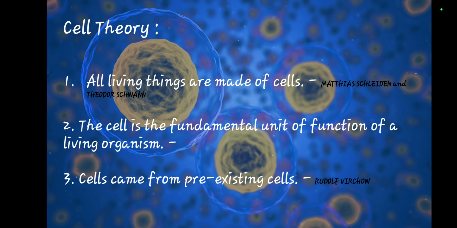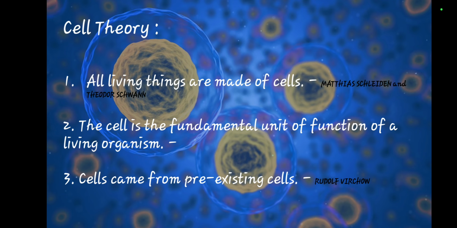And lastly, cells come from pre-existing cells, and this was stated by Rudolf Virchow. This is very well known in the field of the cell, because it is based on the action, or the plot, of a cell. This statement is right. I'm not saying only this statement, but all three statements explain the theory of the cell.